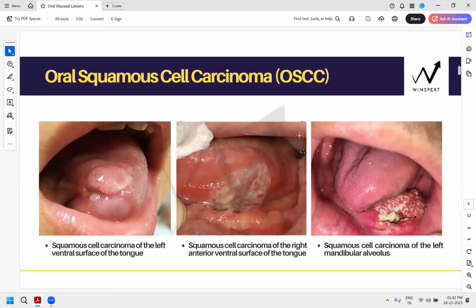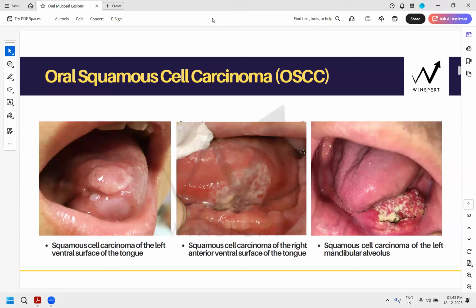So there, can you identify the red flags here? Can anyone tell what red flags do you see? So red flags are the sites. Red flags are the indurated margins. Can you notice the margins? They are indurated and rolled out.